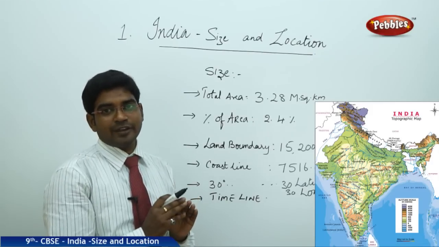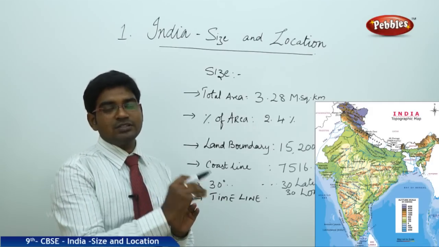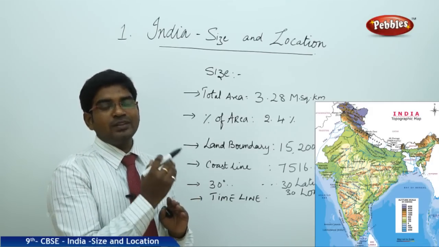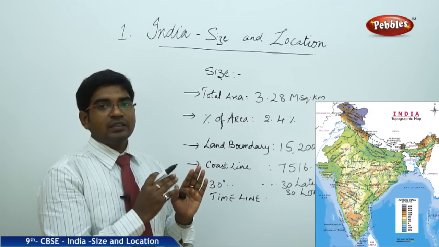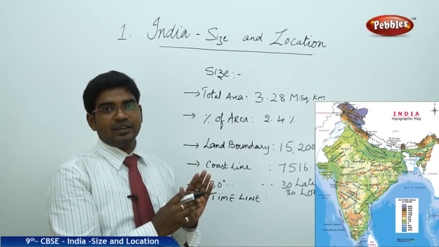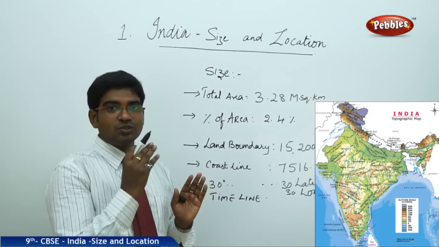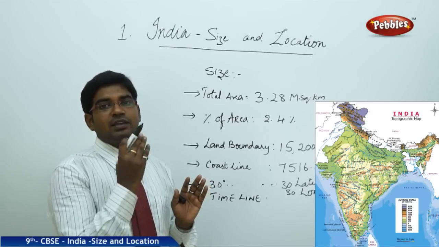Whereas the longitudes converge at the poles, so the distance between the longitudes gets reduced near the poles. So the number of longitudes may be 30, but it is not equal to the distance of 30 latitudes.